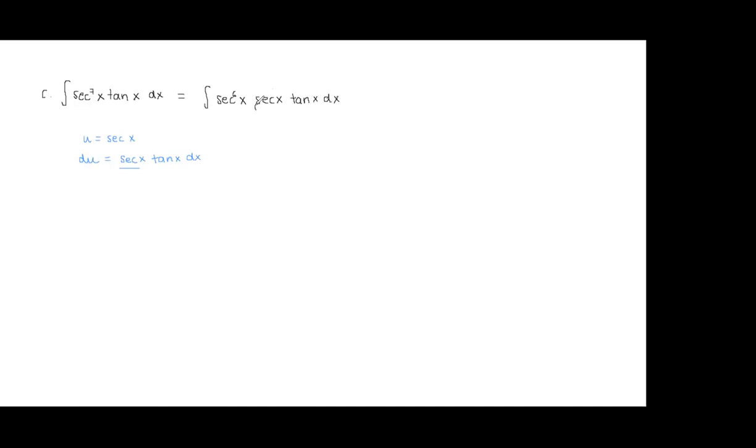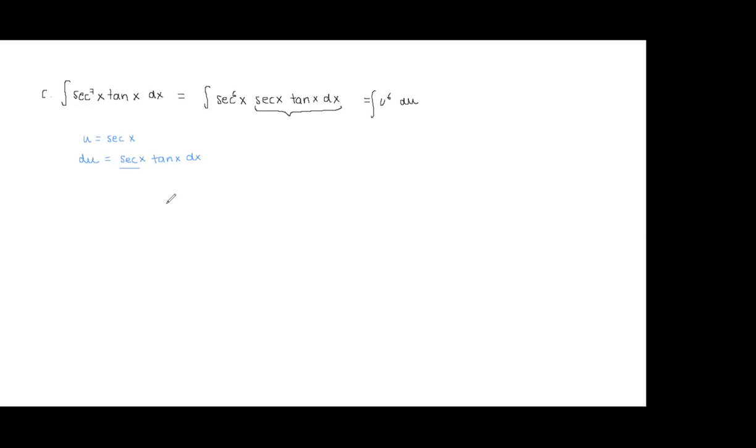And the advantage of that is, of course, that now I can replace this with du. We know that that's our priority. We always have to replace du first, and then whatever is left, we have to figure out in terms of u. So now we have to replace each of the terms. Secant of x to the power of 6 becomes u to the power of 6, and then secant of x tangent of x dx is replaced by du.